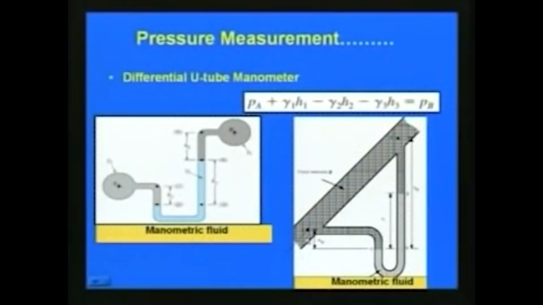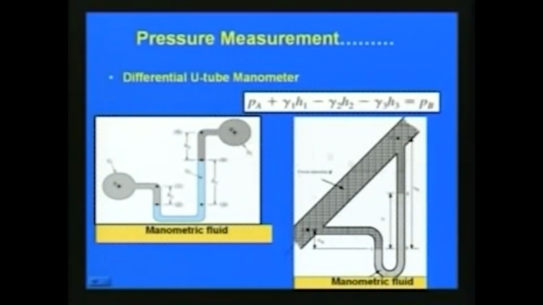We can use the manometer like this, or in a single pipeline the pressure difference between two points can be measured by connecting the two limbs of the manometer at the two locations. If the points are A and B, then PA plus gamma 1 H1 minus gamma 2 H2 minus gamma 3 H3 is equal to PB, where gamma 1 is the specific weight of the first pipe fluid, gamma 2 is the specific weight of the manometer liquid, and gamma 3 is the specific weight of the fluid in the second pipe.